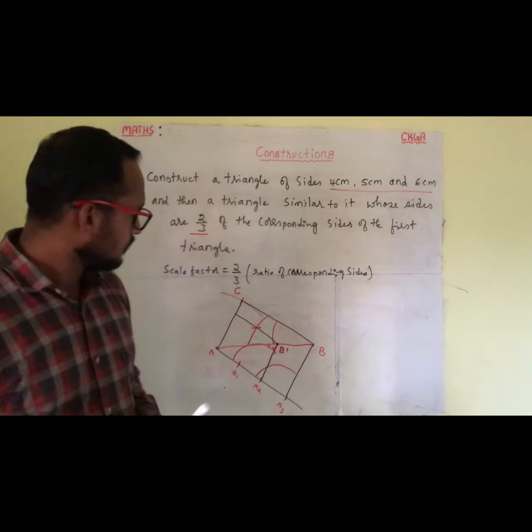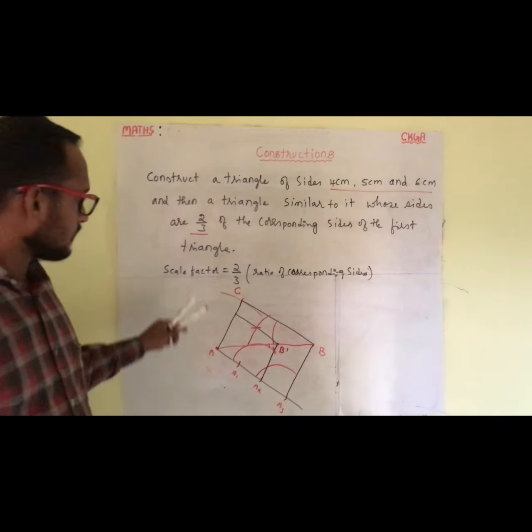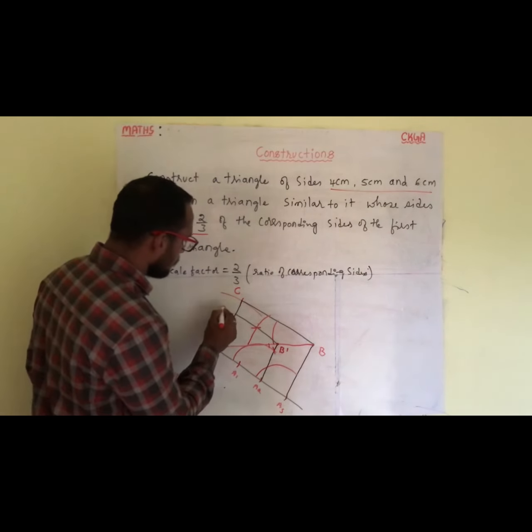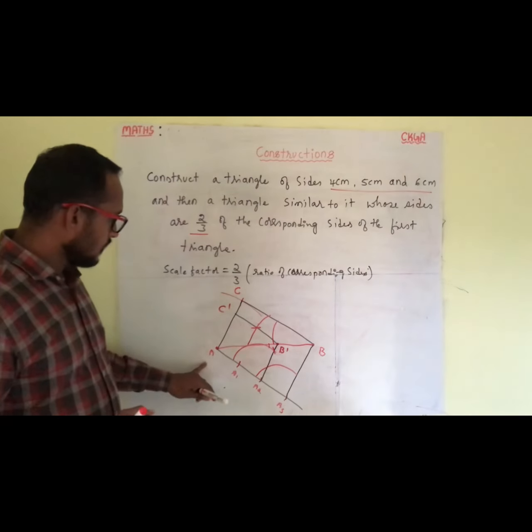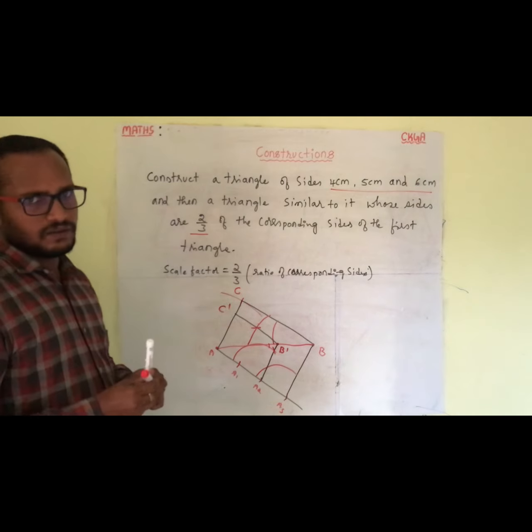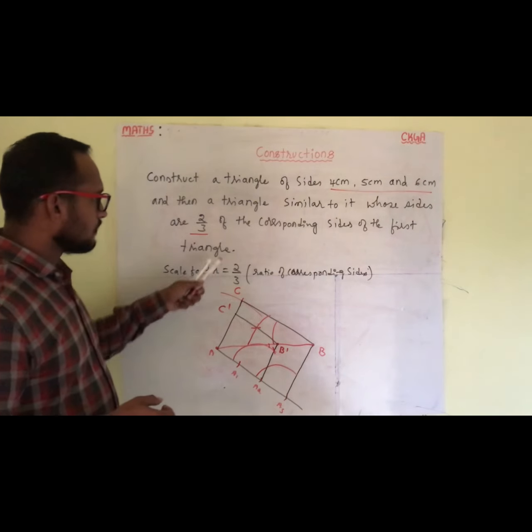Just have a look. This is the completed construction of similar triangles. On the triangle you can name this point C dash. Now it's time to write the ratios and the similar triangles. The scale factor is 2 by 3.